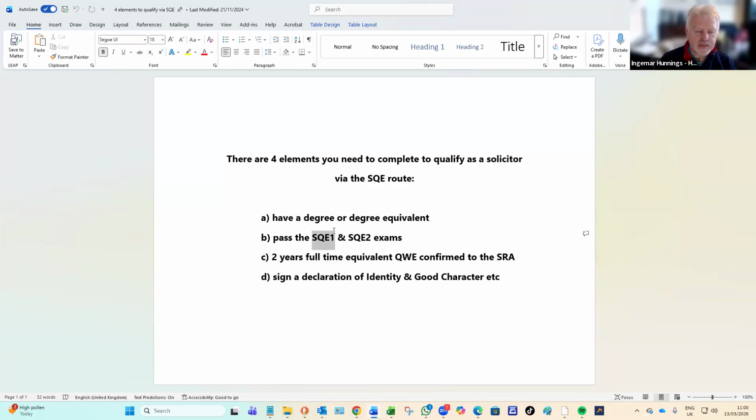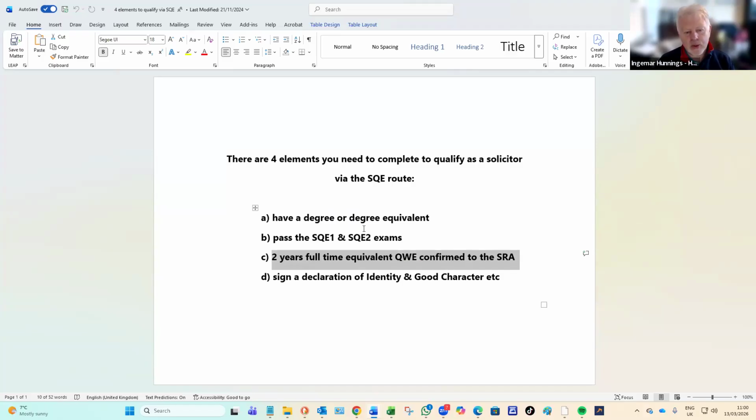If you are doing that, whether or not you are a qualified US attorney, you will still have to get the QWE confirmed. If instead you're a US qualified attorney, you're applying for the exemption from the SQE2 and you're sitting the SQE1, then you will automatically be exempted from the QWE. So you may want to roll back over this part of the video just to re-listen to those and see what applies to you and what the exemptions are.